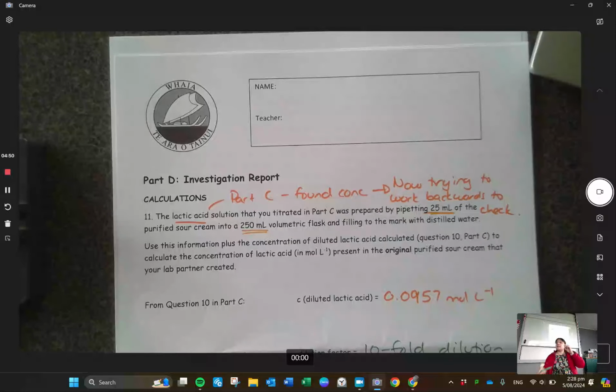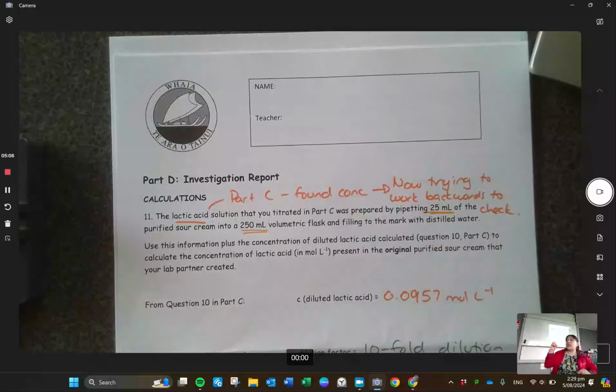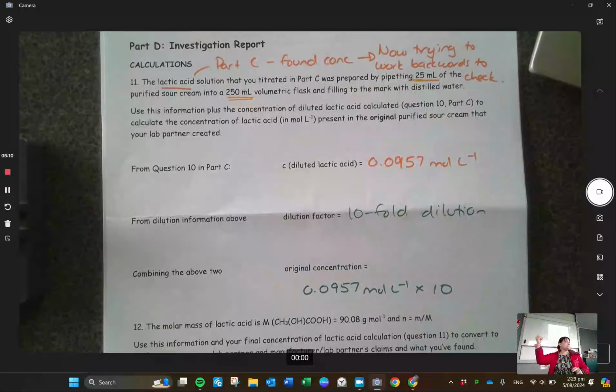So the first step that I need to do to start scaling things backwards is I need to times the concentration that I've had before by 10. So I would do 0.0957 moles per liter, and I would multiply it by 10 to get back to the original concentration.